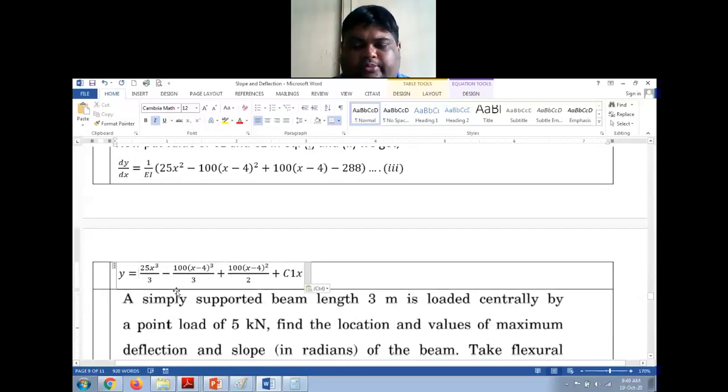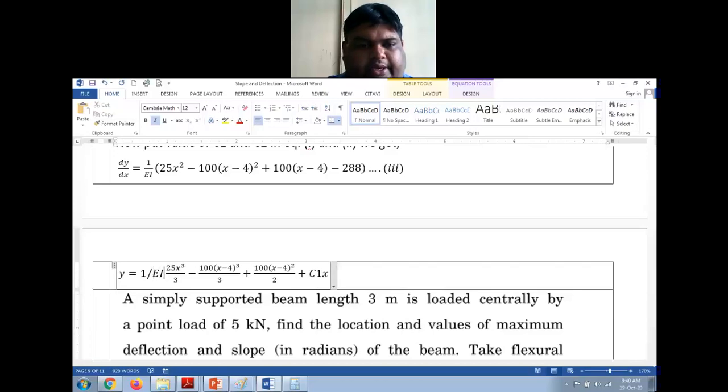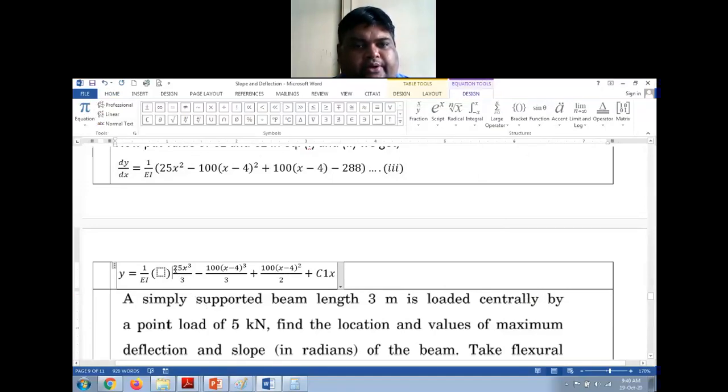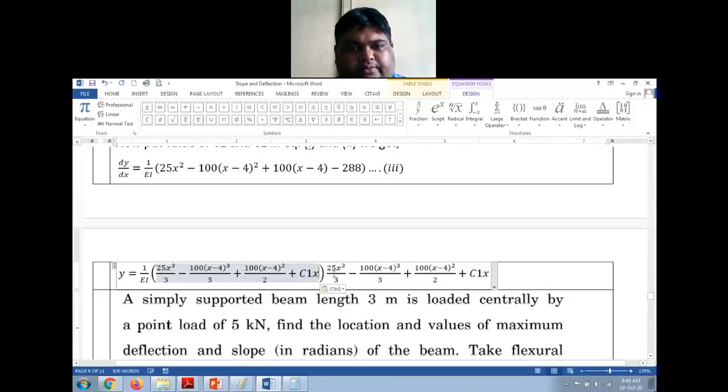Okay, so this will be 1 by EI, again open a bracket, 25x cubed by 3. I'll just put this entire thing inside. Right?